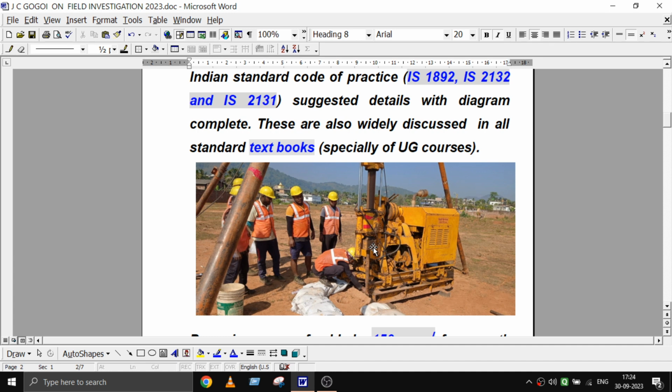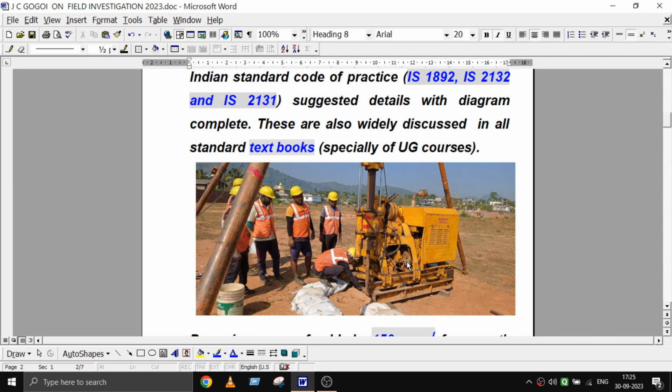After complete lowering of the casing, we can go for the next stage of boring. It shall be done very carefully, and it can be regulated by one person here, who can do everything. This is the arrangement.